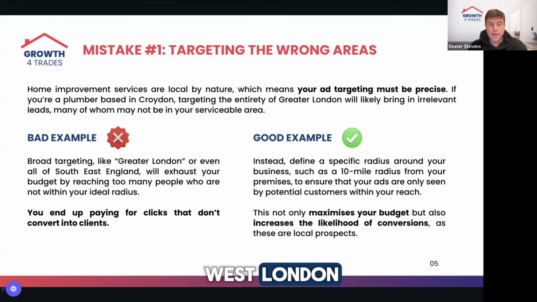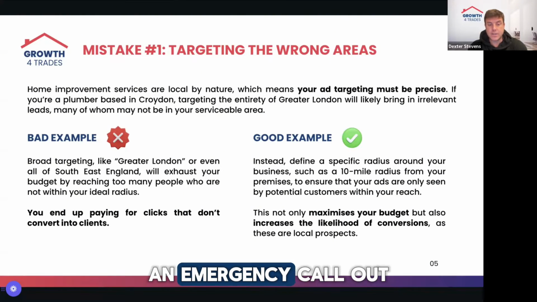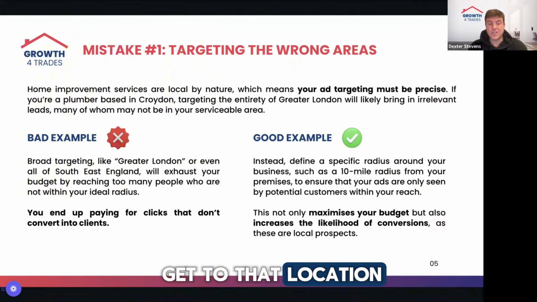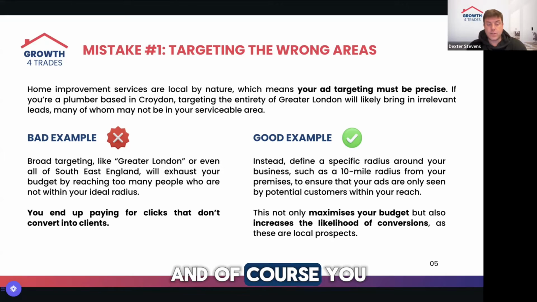in West London, say in Fulham, then you don't really want to be getting an emergency call out over in Hackney, which is East London, because it can sometimes take an hour or so just to get to that location. And from an emergency perspective, people are going to try and get someone there quicker. And of course, you don't want your engineers being stuck in traffic.